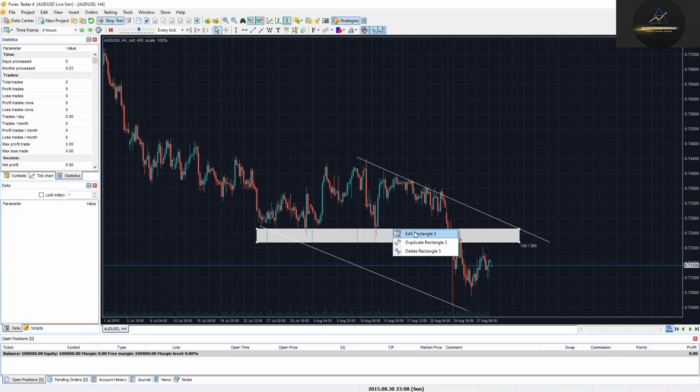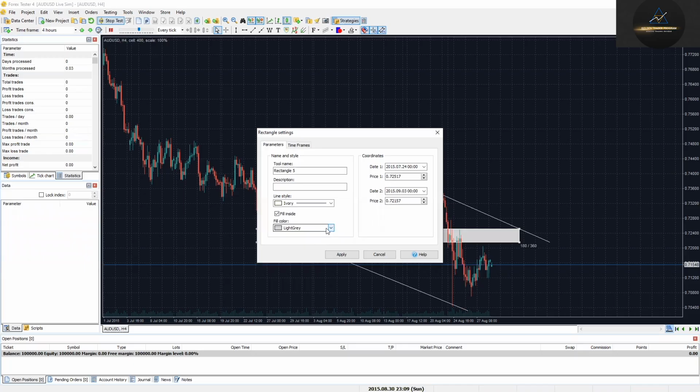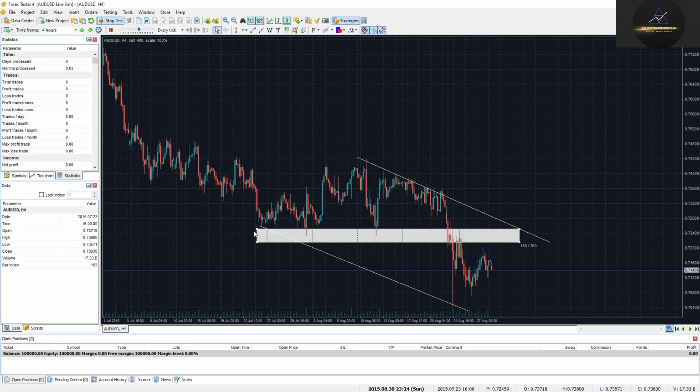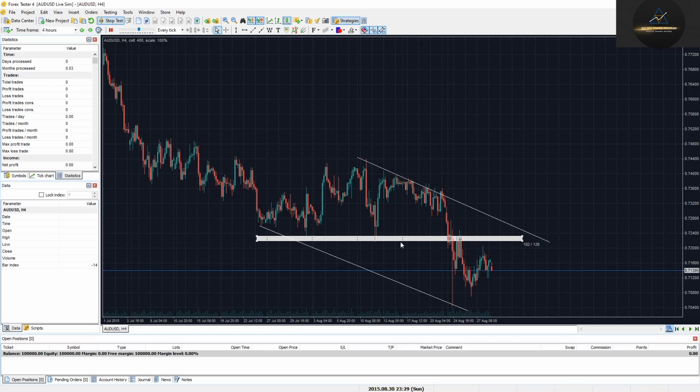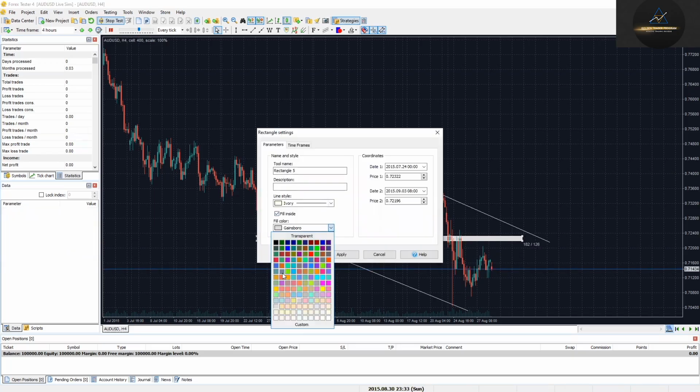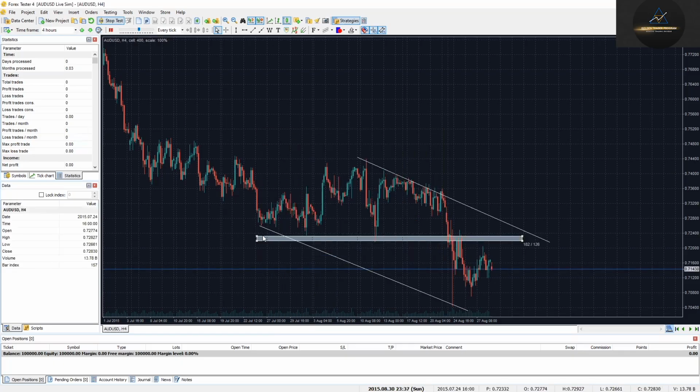Oh, that's hot, that's even worse. Let's go for a darker one so it blends into the background, I guess. Okay, I like this one.